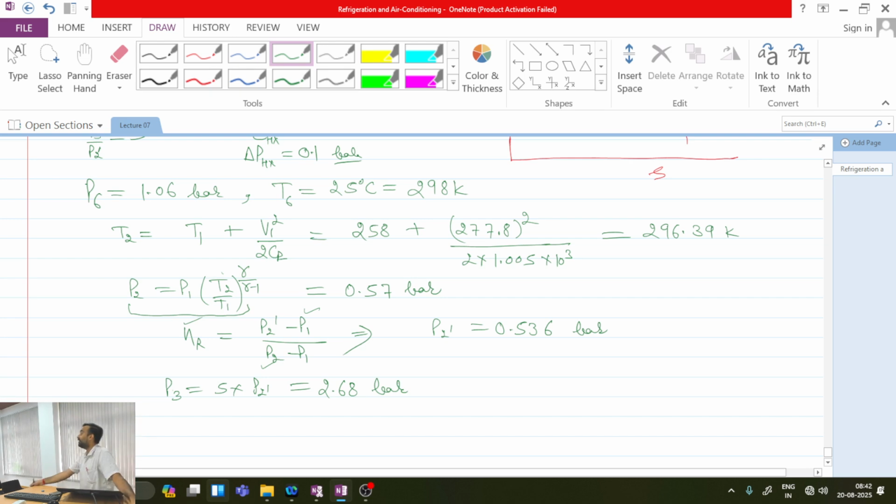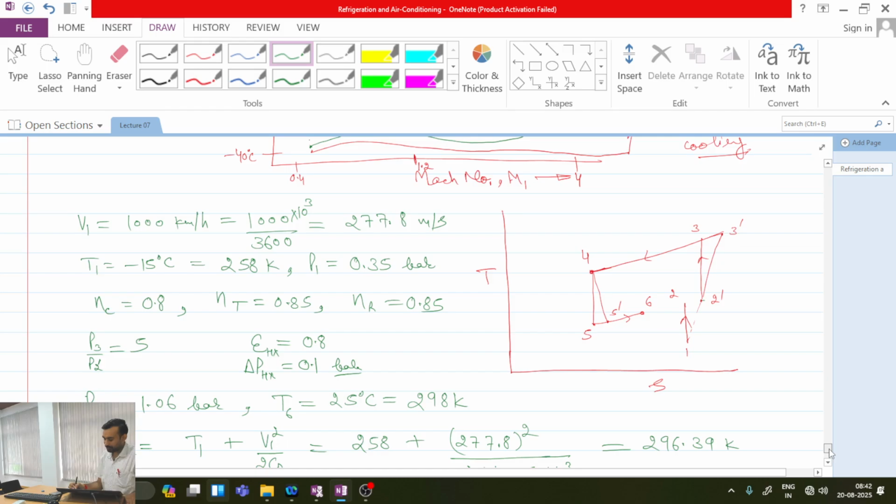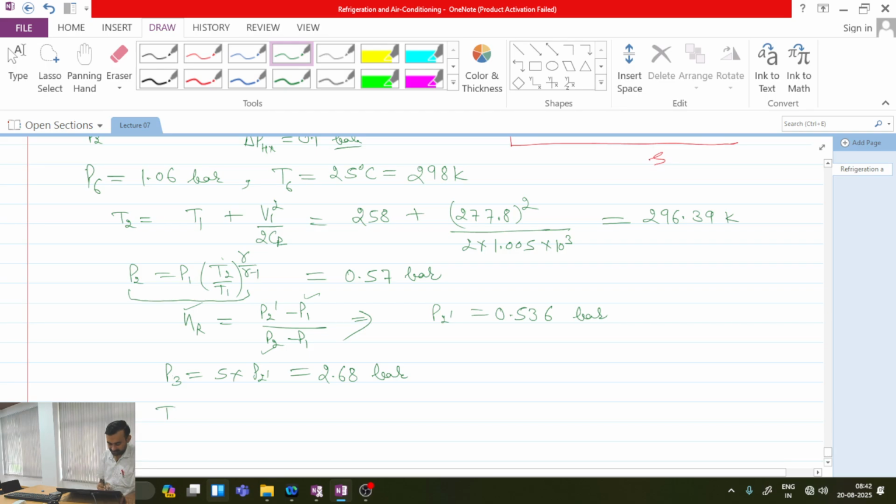Okay. Now what do I need to do? I need to calculate T3. How can I calculate T3? Process 2 dash to 3 is isentropic. So for an isentropic process, T3 will be equal to T2 dash times P3 by P2 dash power gamma minus 1 by gamma.